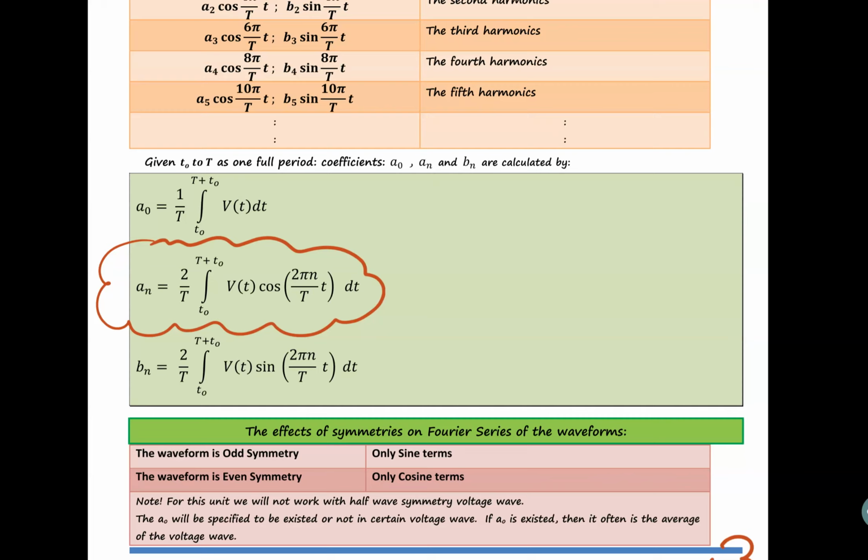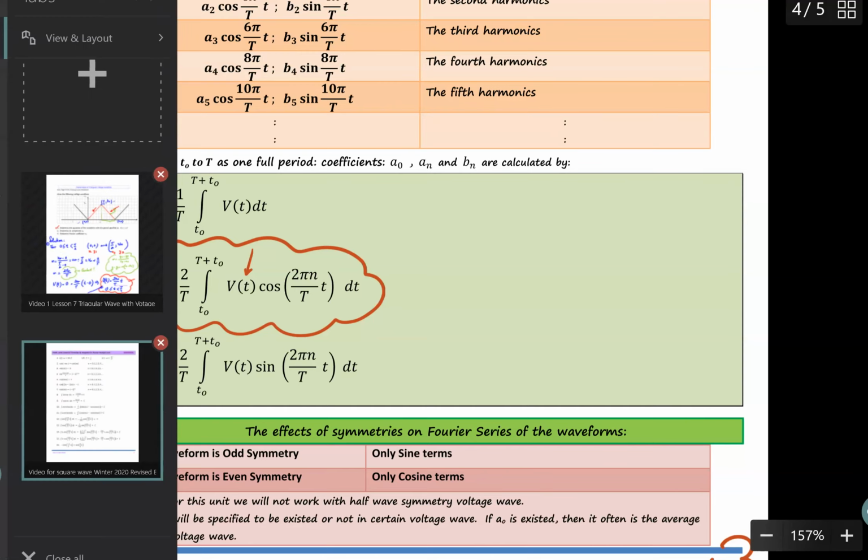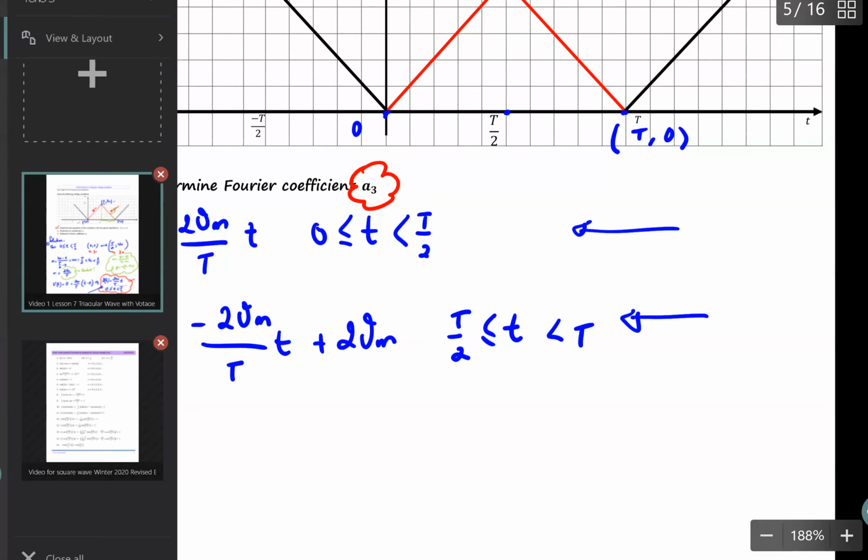We have An equal to 2 over T, the integral over a certain interval of my function V(t) multiplied by cos of 2 pi n over T times t as the argument, dt, to integrate my function in terms of t.